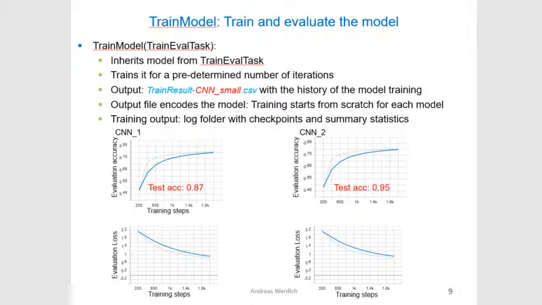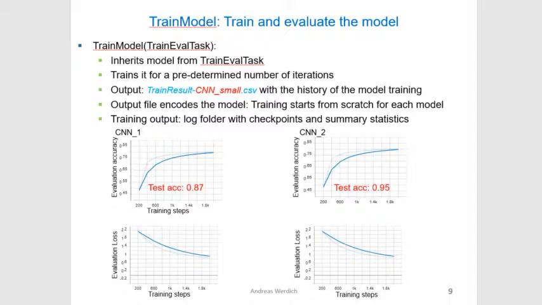In the training task, the model and its parameters are inherited, and the models are trained for a predetermined number of iterations. After training, a single output file for each model is generated that contains the history, and that is the evaluation accuracy and the evaluation loss for a predefined number of training steps.